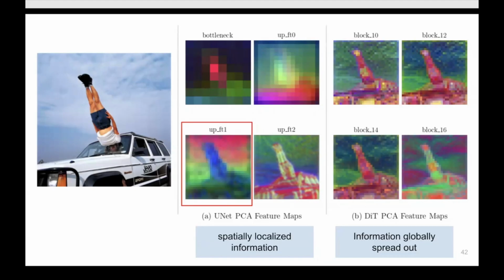And this also translated to the classification performances, and when we did the k-sparse autoencoder and visualization across different blocks, the signal was cleaner for the UNet based architecture compared to DIT.